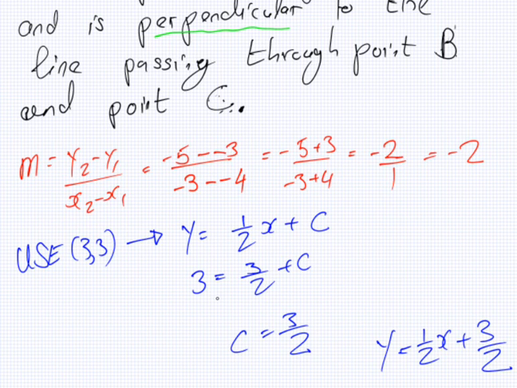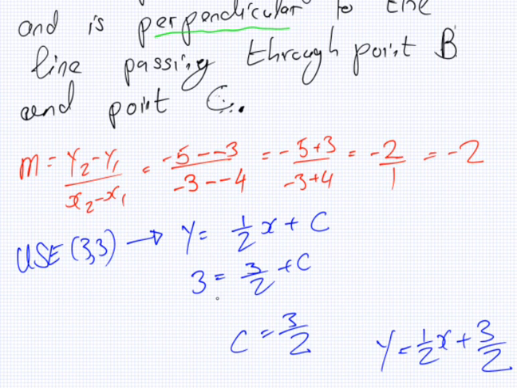Okay, so we have y equals 5 over 7x plus c. And now I need to use the point, which was 1, 9, wasn't it? So if I use 1, 9, I can get the c. 9 equals 5 over 7 plus c.